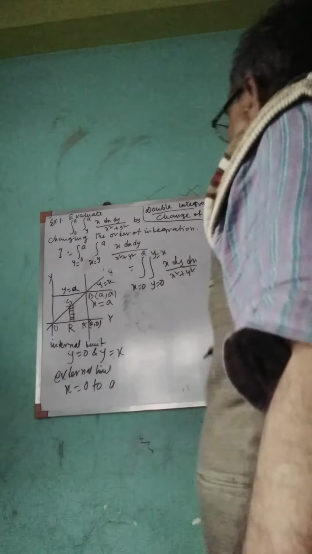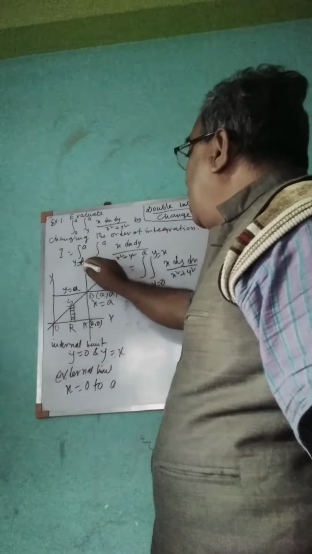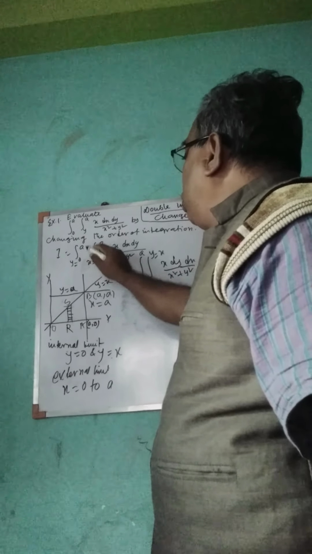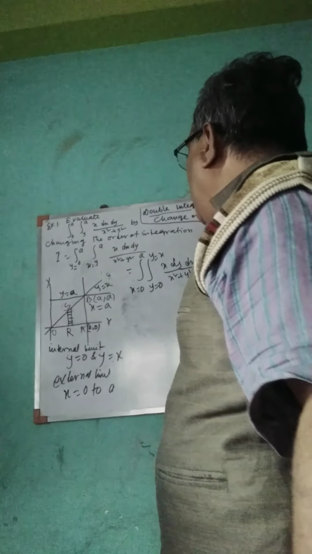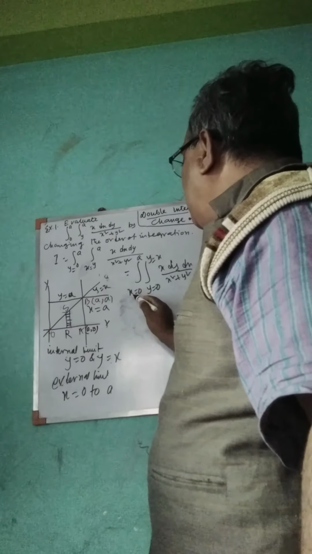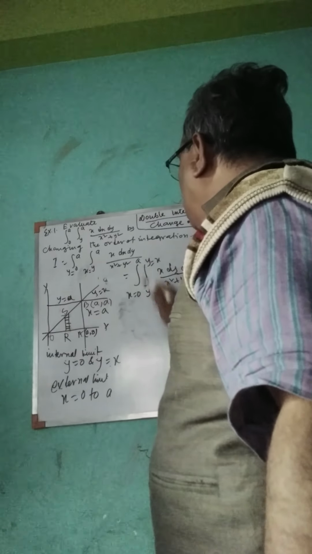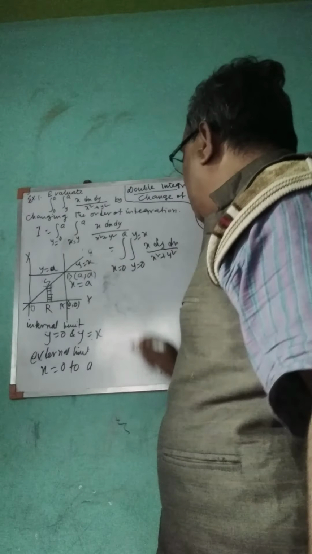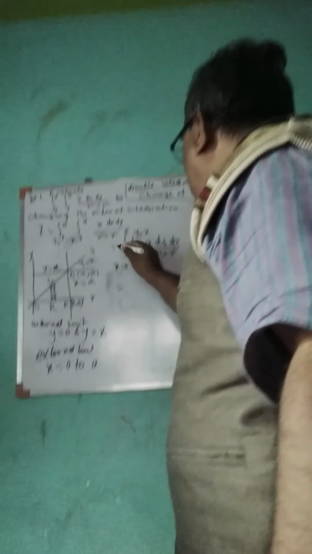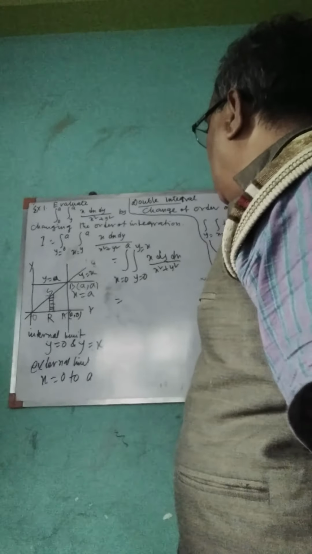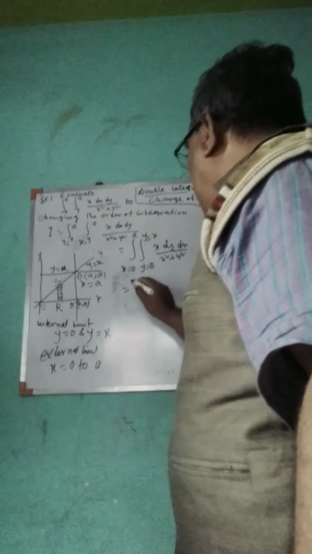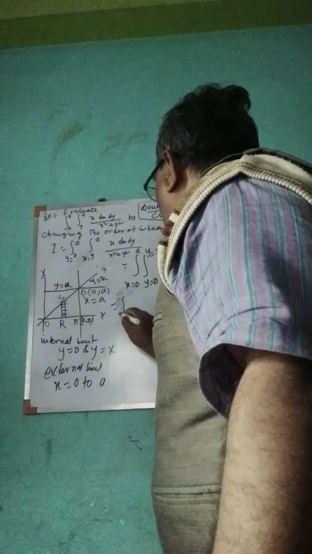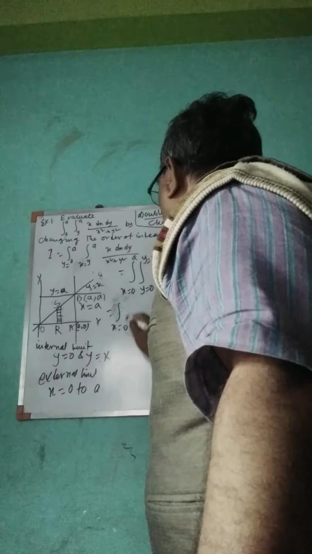So you see, it was actually y equal to 0 to a, x equal to y to a. So it just changed. This becomes x equal to 0 to a, and this becomes y equal to 0 to y equal to x. So now after changing the order of integration, I am calculating x equal to 0 to a.